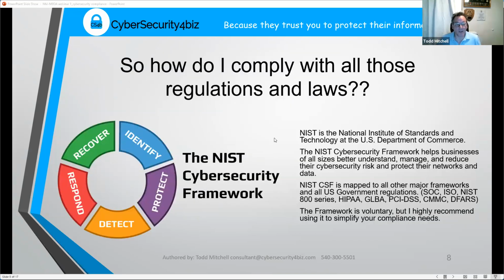So all these things that we just discussed. How do I comply with all these regulations and laws? How do you track 5 or 6 different regulations that may affect you, and make sure that you're in compliance? The easy way to do this is by using the NIST Cybersecurity Framework.